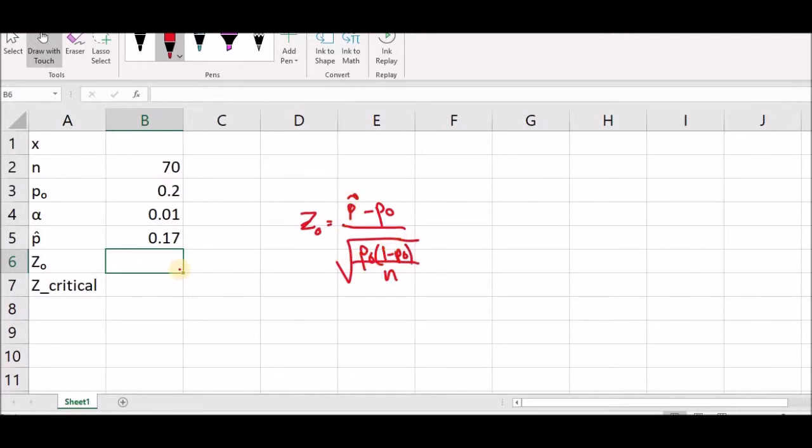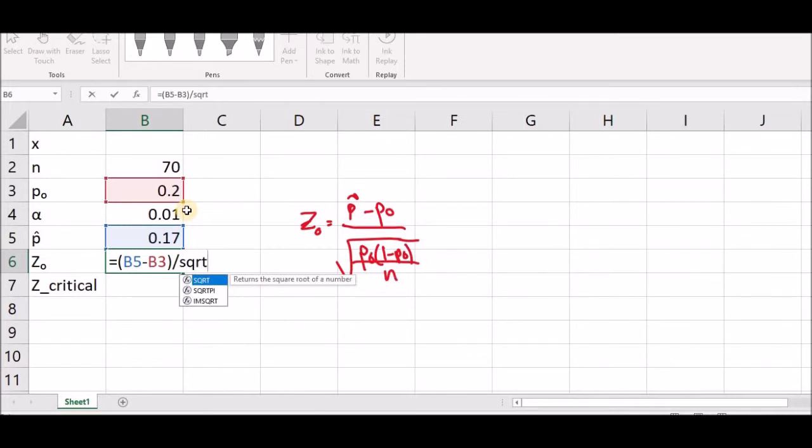So I'm going to use this formula to compute Z naught right here. That is equal to, I'm going to put the numerator between parentheses because otherwise, Excel would only deal with P naught and divide it with the rest, and it's not going to subtract first and then divide. So P hat is 0.17 minus P naught, which is 0.20, divided by the square root, SQRT, of P naught, I'm going to click on P naught, times, open parentheses, 1 minus P naught.